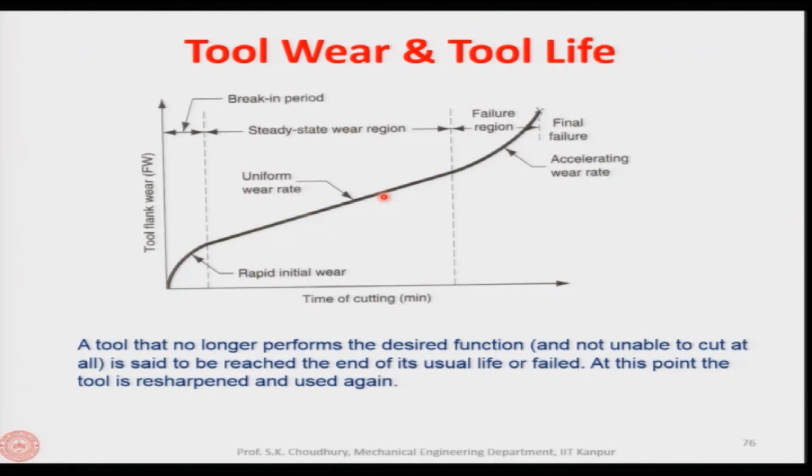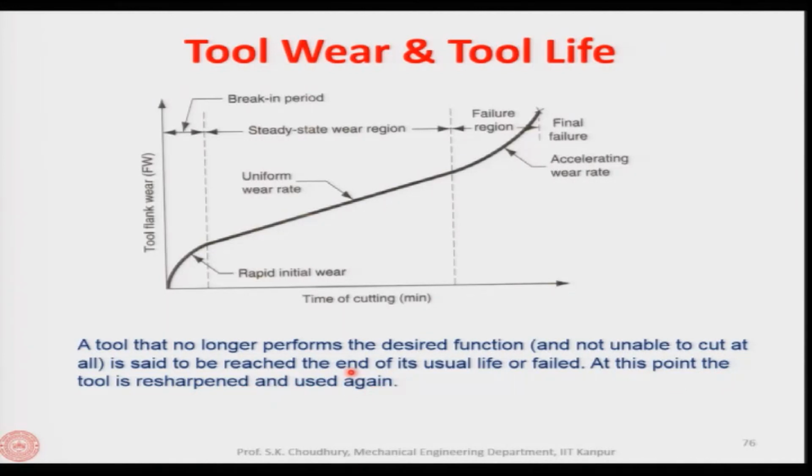So, the temperature becomes more, forces become more because of the flat being created on the flank face of the tool, and the more crater on the rake face of the tool. A tool that no longer performs the desired function, but not that it is unable to cut at all, is said to have reached the end of its useful life and failed. At this point the tool is resharpened and used again.